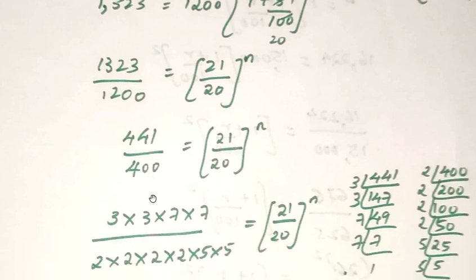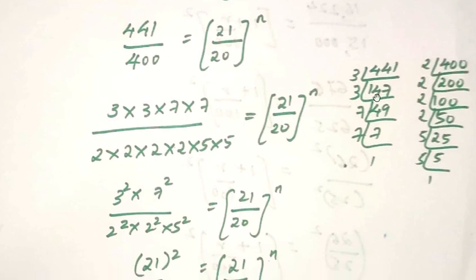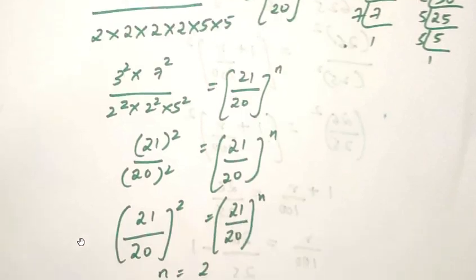This can be worked out by finding the factors of both. 441, the factors are 3 into 3 into 7 into 7, divided by 400, the factors are 2 into 2 into 2 into 2 into 5 into 5, which is equal to 21 divided by 20 to the power of n. So 3 square into 7 square divided by 2 square into 2 square into 5 square, which is equal to 21 divided by 20 to the power of n.